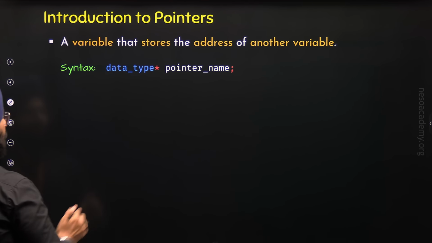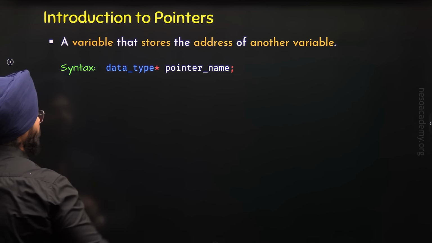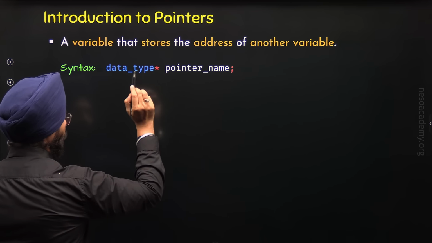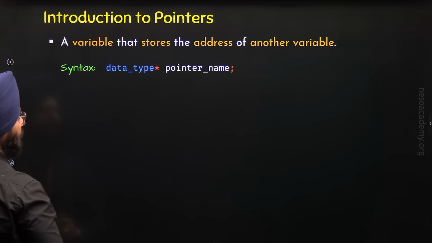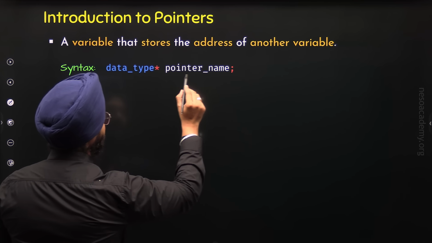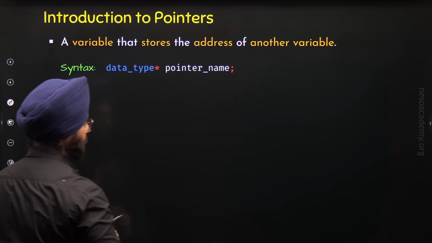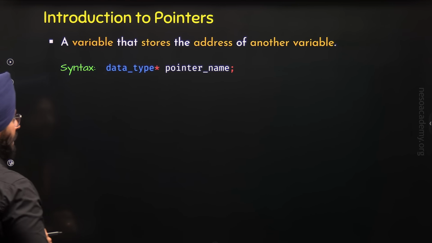Then after this, we can provide the asterisk symbol. This asterisk indicates that we have a special type of variable called pointer. We do not have a normal variable here. After this, we can specify the name of the pointer and then at the end we can put a semicolon. In this way, we can define a pointer.